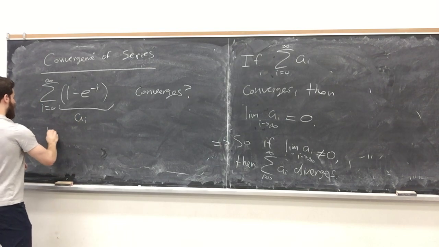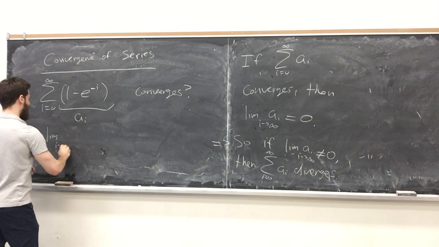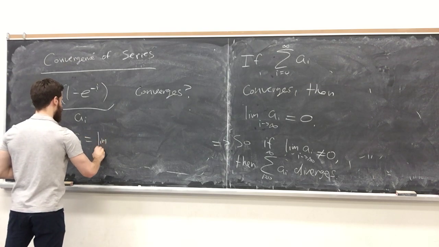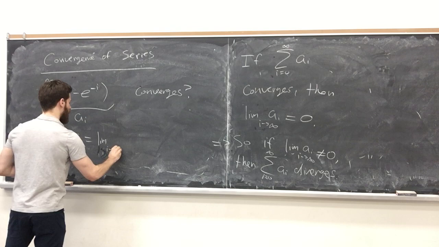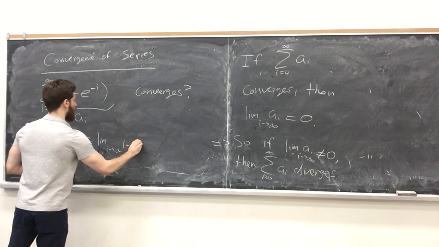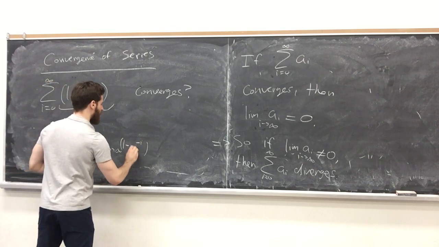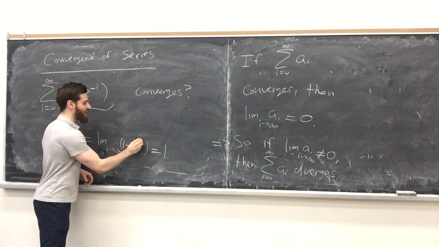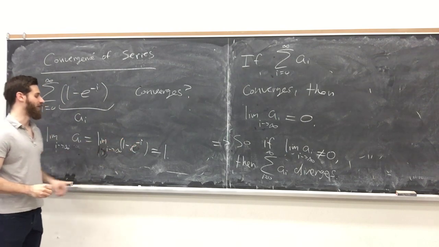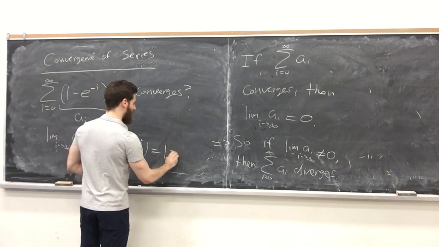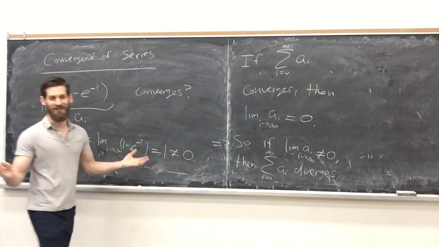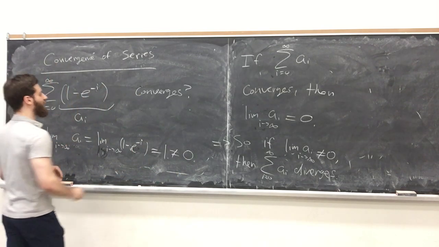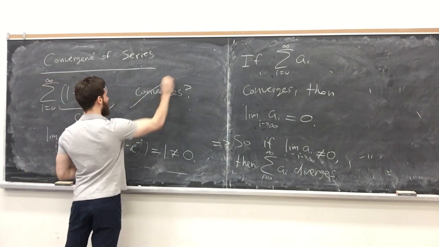So the limit as i goes to infinity of a_i in this example is equal to 1, right? Because e to the minus i goes to 0 as i goes to infinity, so this goes to 1. And of course, 1 is not equal to 0, as everyone knows. Therefore, this series does not converge, it diverges.